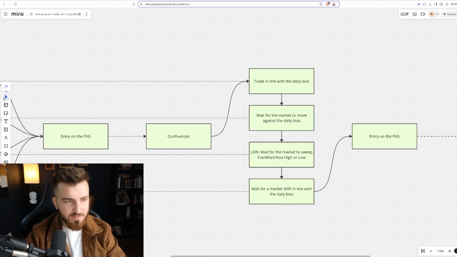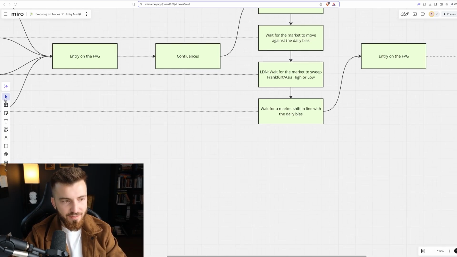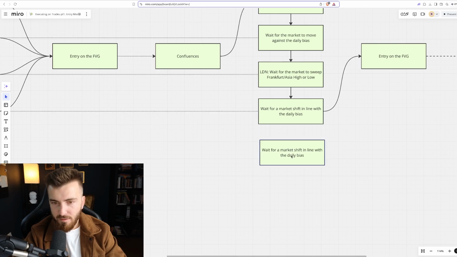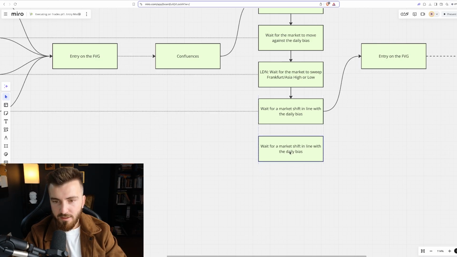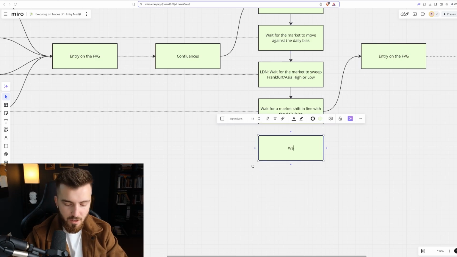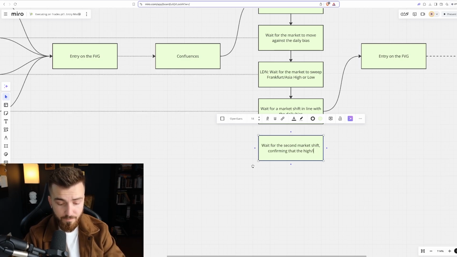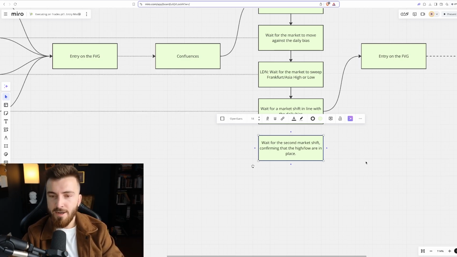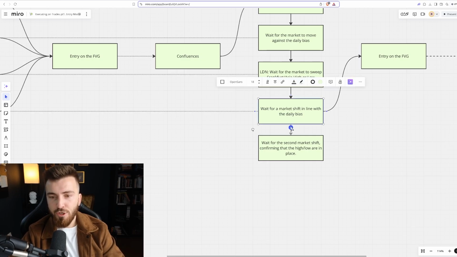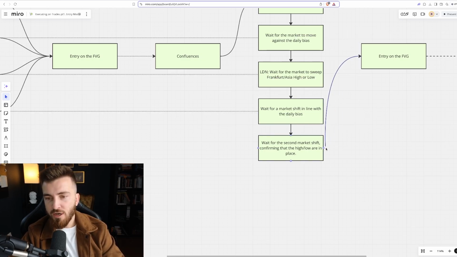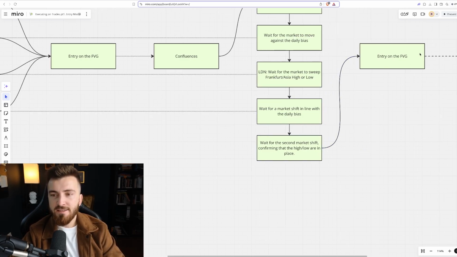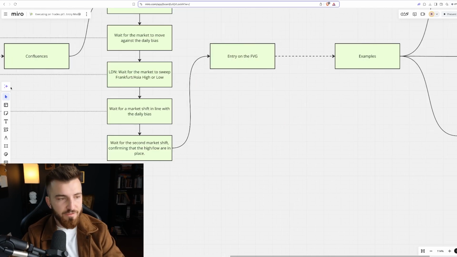And then, last but not least, I forgot to add this: wait for the second market shift, confirming that the high or low is in place, right? So you will wait for your second market shift, which will confirm that the high is in place. And that's when we have the entry on the fair value gap.